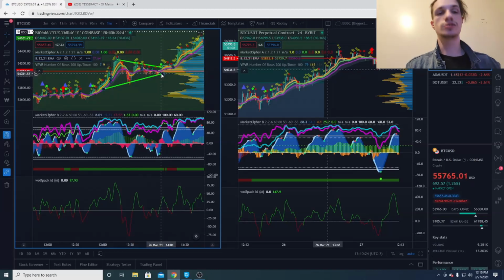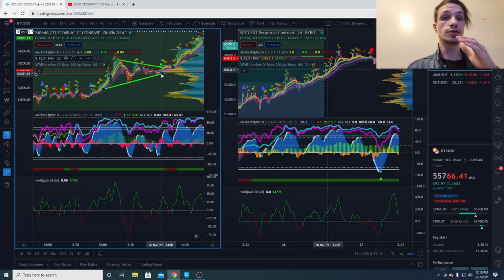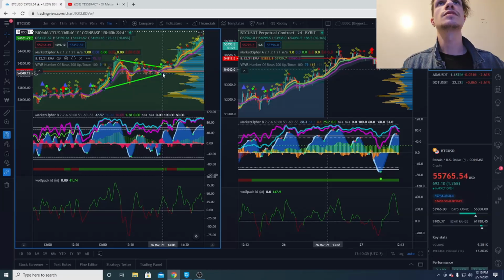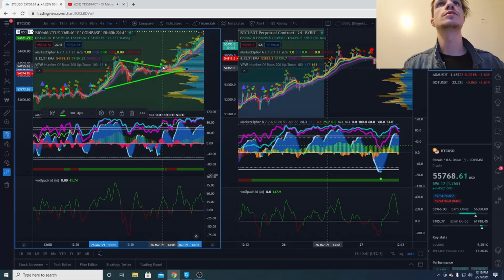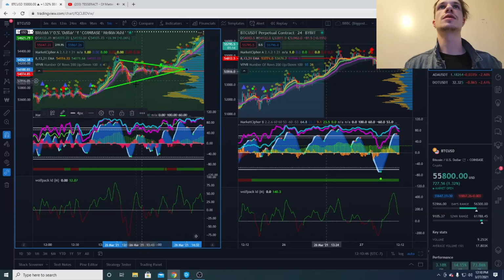So again, when you place your lines for your ascending and descending triangles, you want it to either be on the wicks only, or the tops or the bottoms of the candles only. And you just follow it through. Oh my gosh, it's so glitchy. I don't know what's up with my mouse. Alright, boom. So we have our channel right up here, okay?